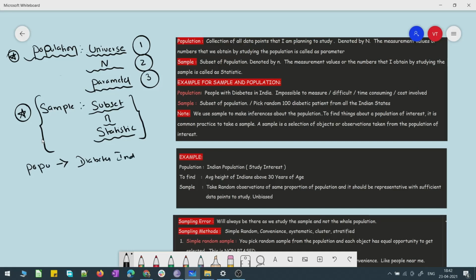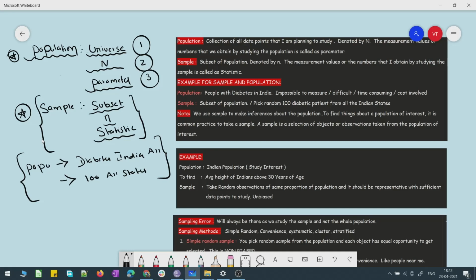And a sample would be picking up 100 diabetic patients from all the states in India. So this is going to be considered a sample. So this is an example of a population and a sample.